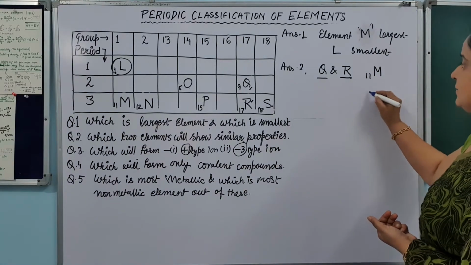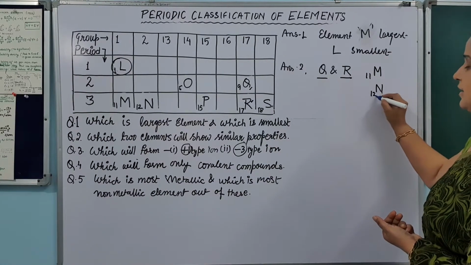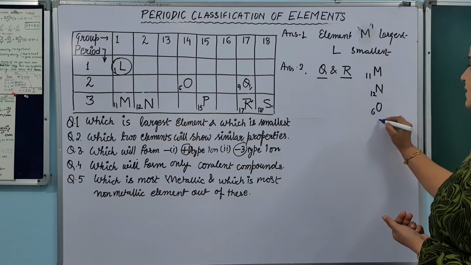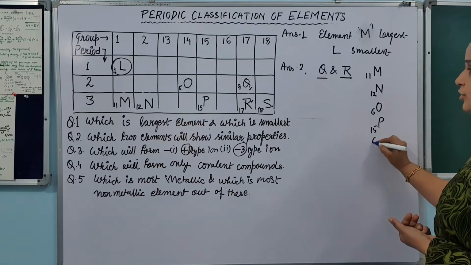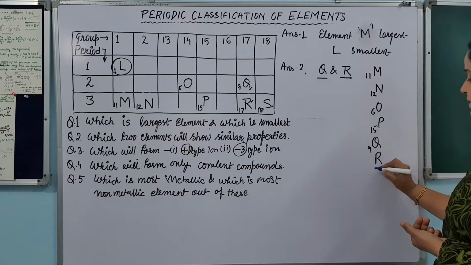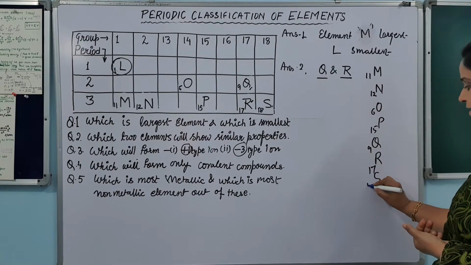M is 11, N is 12, O is 6, P is 15, Q is 9, R is 17 and S is 18.